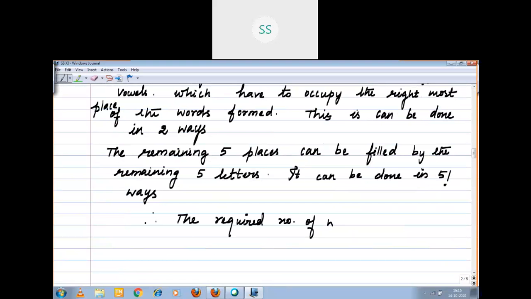Therefore, the required number of words that can be formed equal to vowels.